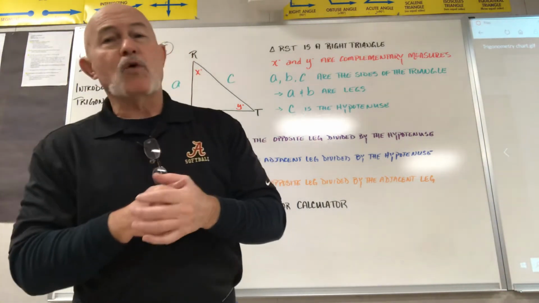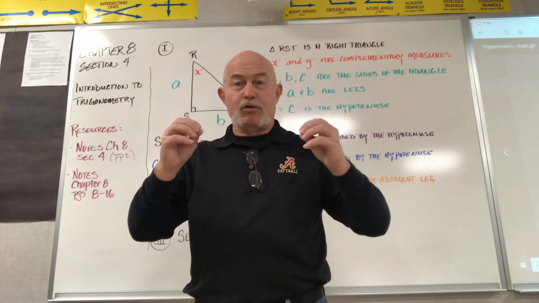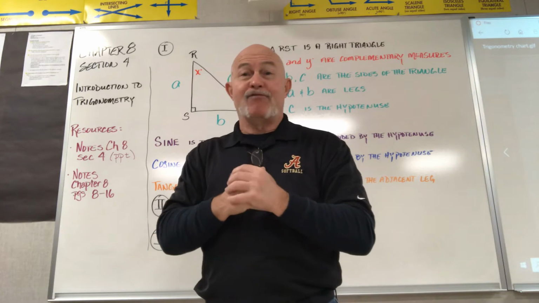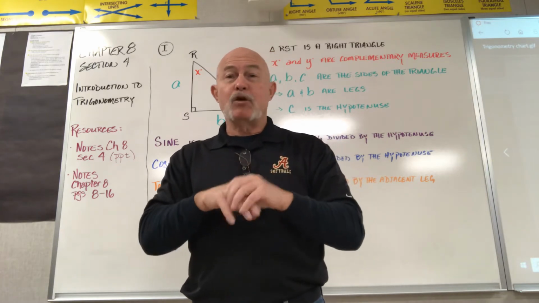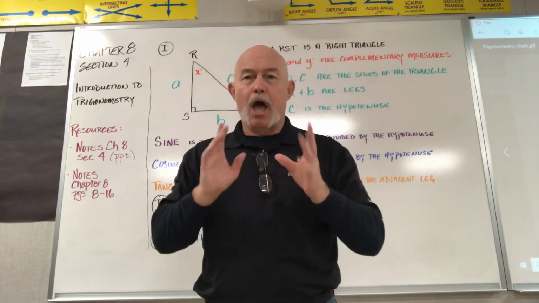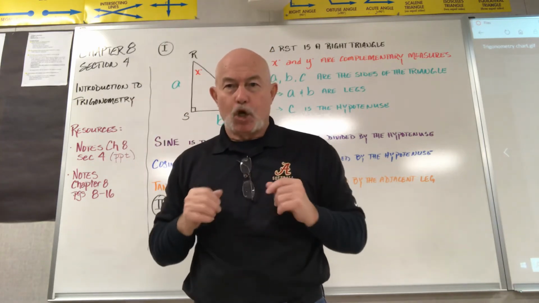Now, we also have to understand the concept of terminology, English language. How this messes with people, I really can't figure out. We have to know the difference between opposite and adjacent. Opposite is across from. Adjacent is next to.